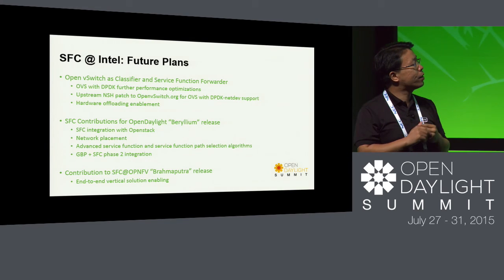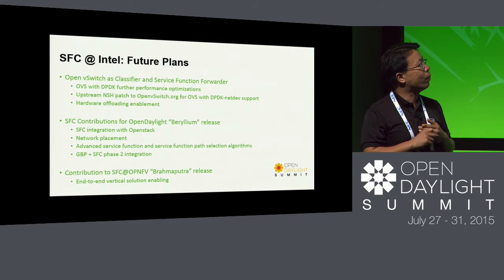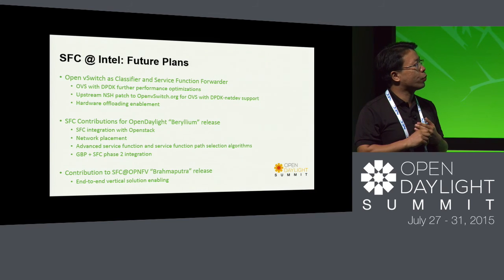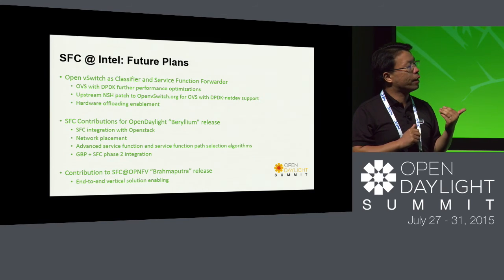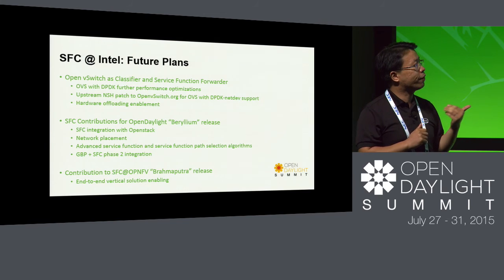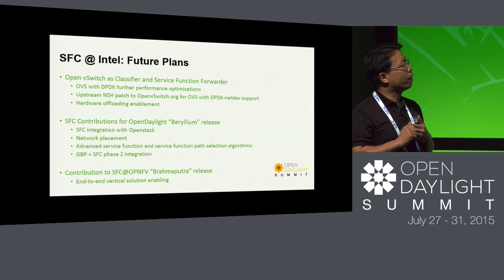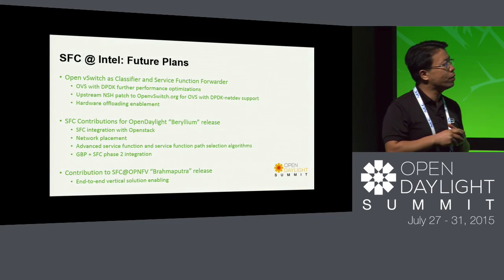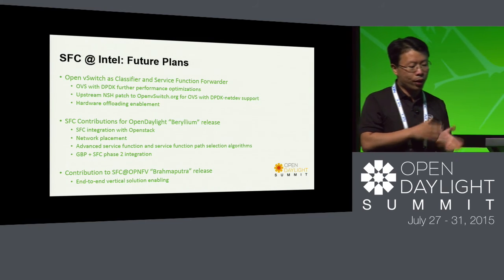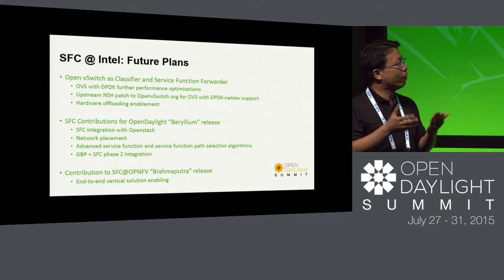This is the last slide about our plan to support the service function chain. The first thing is about Open vSwitch. As I mentioned, Open vSwitch here can act as an SFC classifier and SFC forwarder. So we keep optimizing the OVS performance in order to ensure end-to-end service function performance.